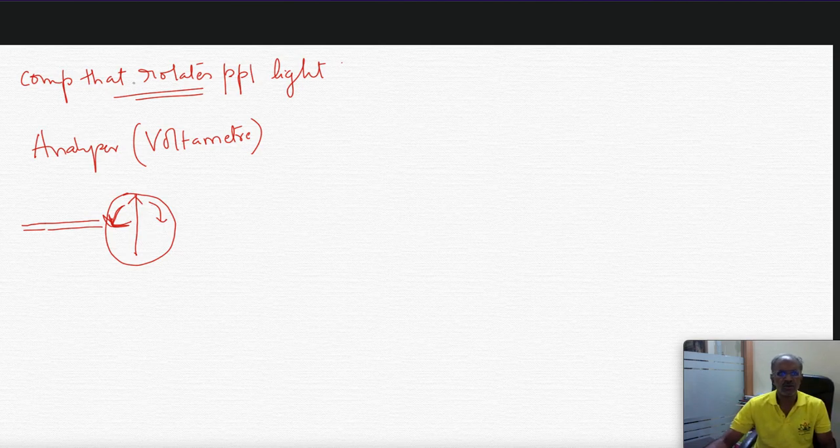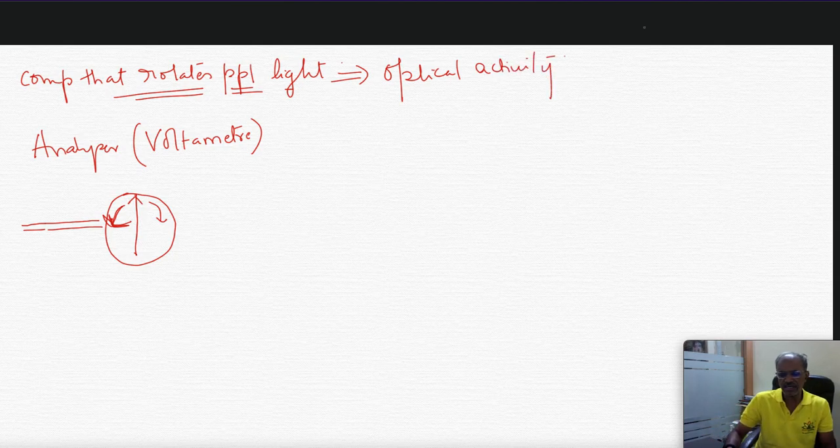Now, the compound rotates the plane polarized light, that means the plane polarized light has been rotated, therefore this needle is going either in the right direction or in the left direction. Such type of property is known as optical activity. So what do you mean by optical activity? Optical activity means compounds which rotate the plane polarized light.